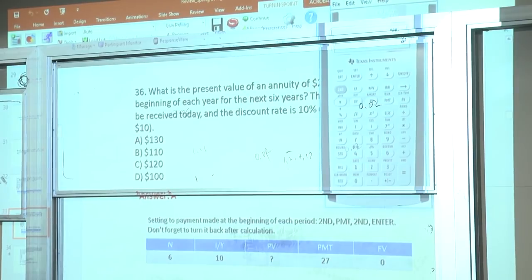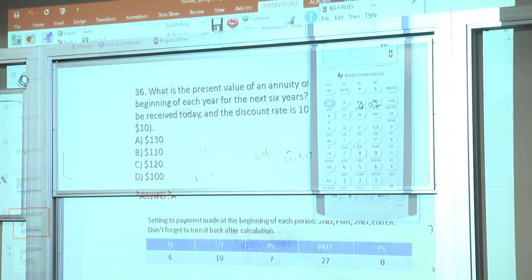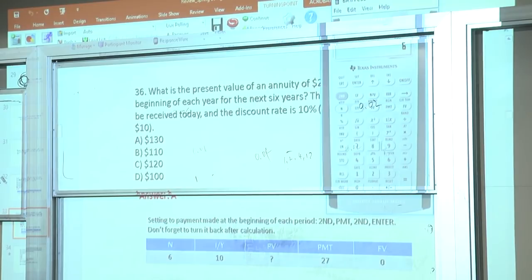How many of you know this? 1, 2, 3, 4, 5. Okay, good. We'll try another method. Let's do this first. There are 6 years, 6 periods. Interest rate is 10. PV we don't know; we are calculating for PV. PMT 27. Future value is known.